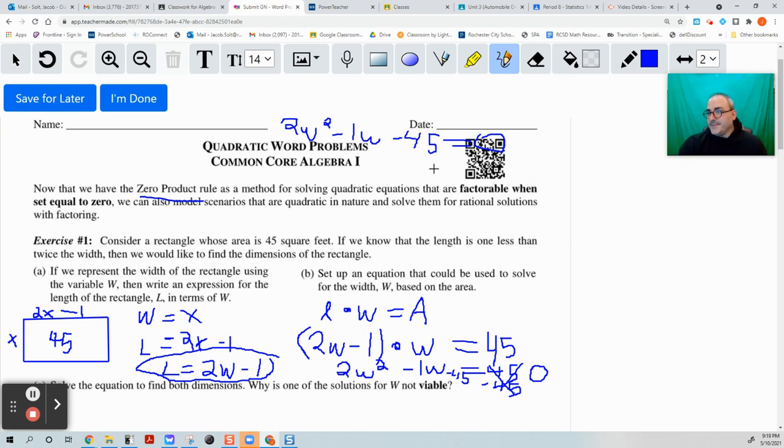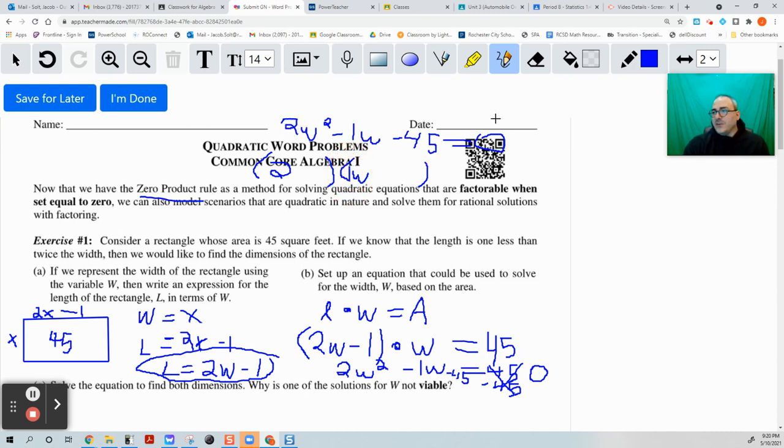All right, okay. So let's see if this is factorable. Maybe I can save myself some time and not have to break out the quadratic formula on this one. I know somewhere I multiplied 2w times a w. How do I know that? Because I'm going to put a 1 in front of there.